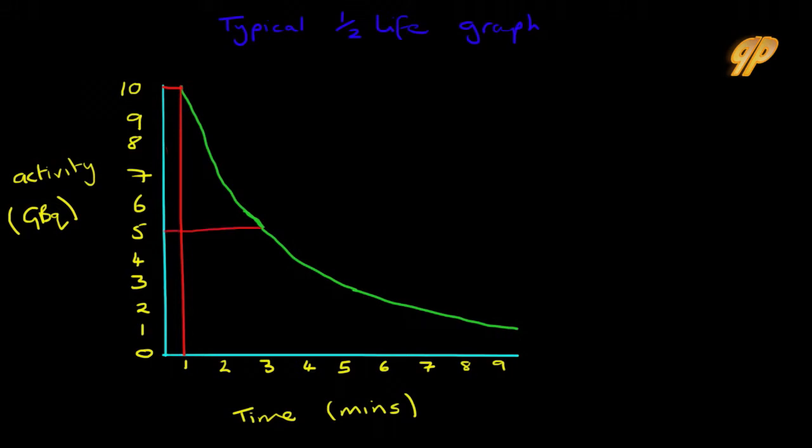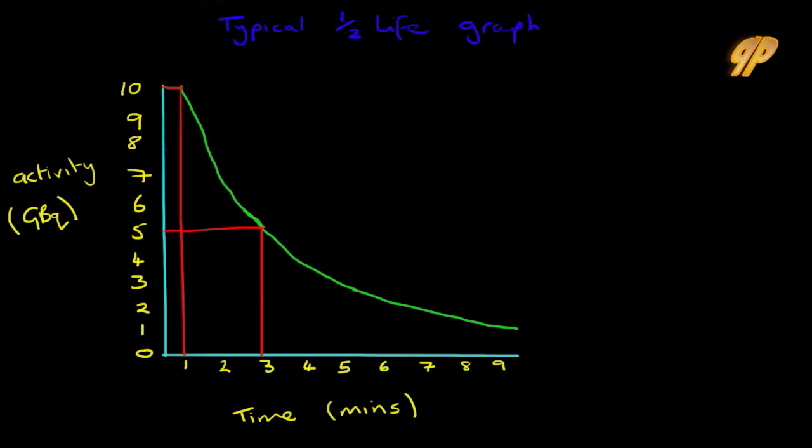If we then look at the time it takes for half of this material to decay, so the activity is now 5 gigabecquerels, and we interpolate again, we find that it's just short of 3 minutes. So we'll go for a difference of around 120 seconds.